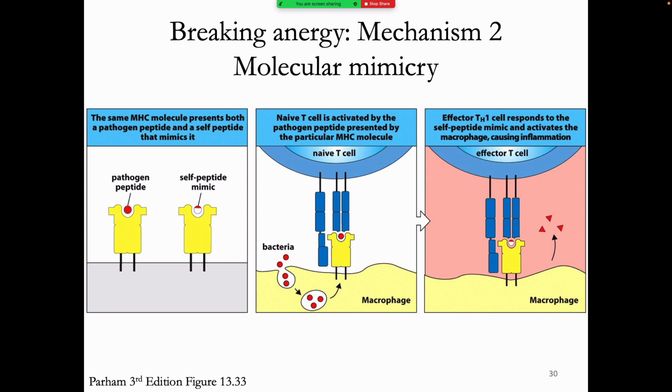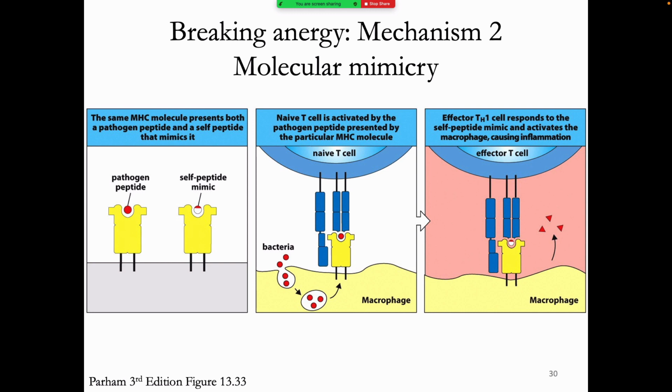It no longer is going to need signal 2. It's going to stop being dependent upon signal 2. And so now, later on, if that T cell goes out into the body and finds that self-peptide that is a mimic of the pathogen peptide, suddenly that T cell can cause damage.